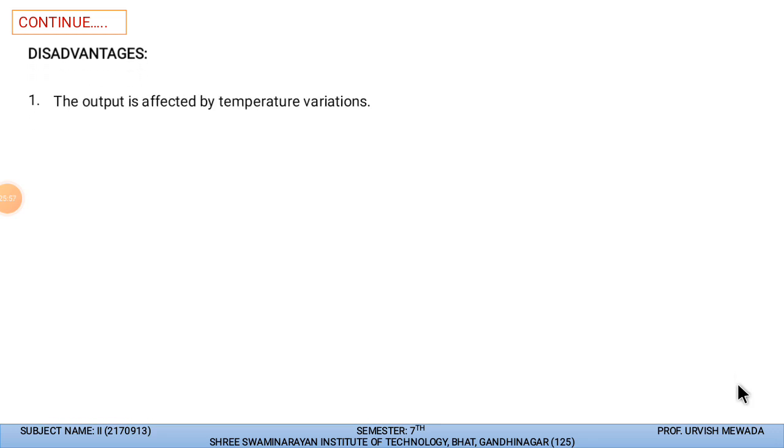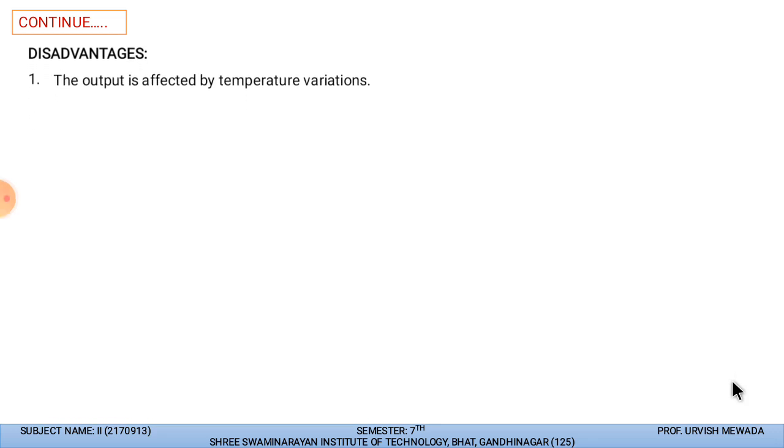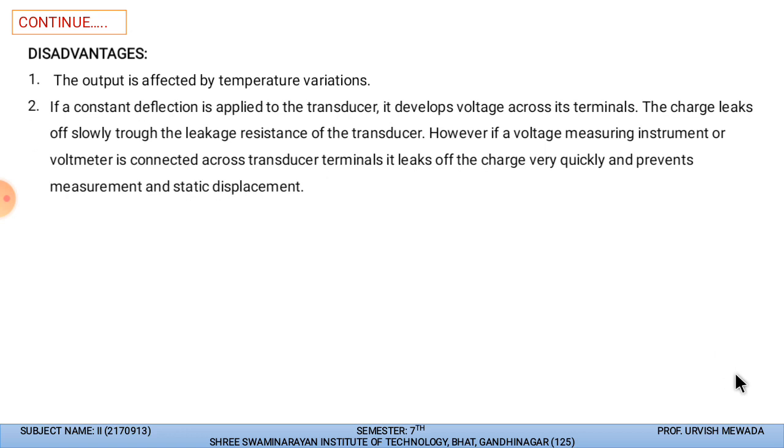Now let us discuss the disadvantages of the piezoelectric transducer. The output is affected by temperature variation. So whenever the surrounding temperature of this piezoelectric transducer varies, suppose we use it for industrial purposes, then the output voltage will fluctuate according to the variation of the temperature.